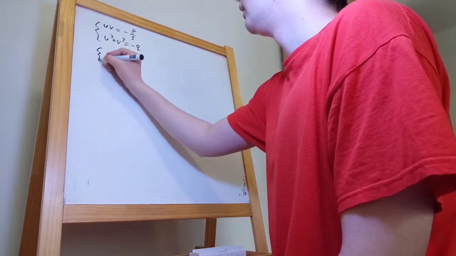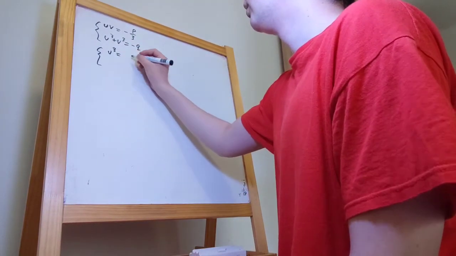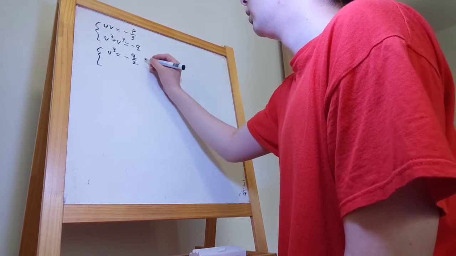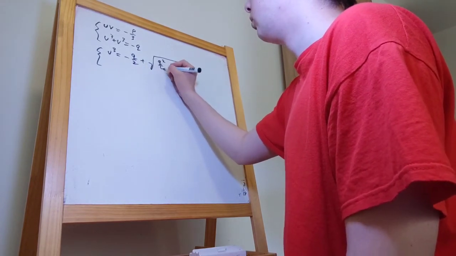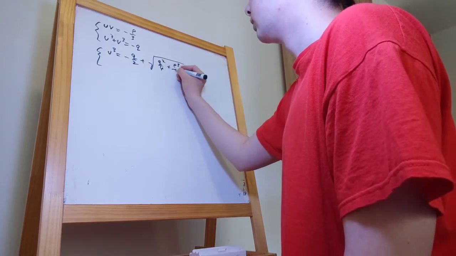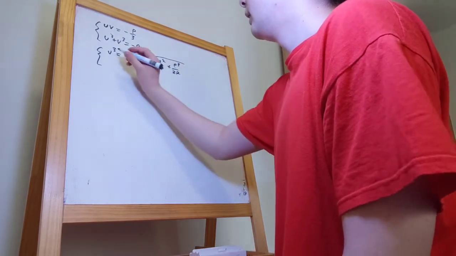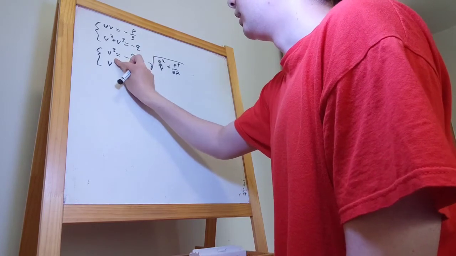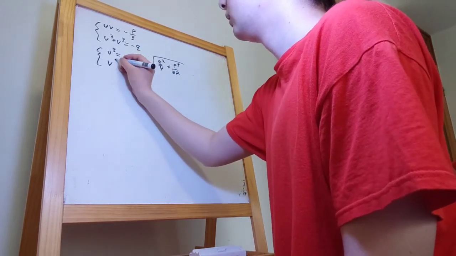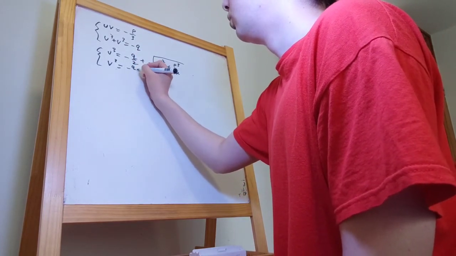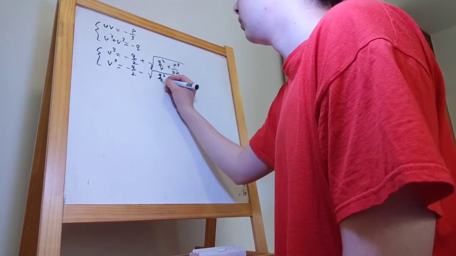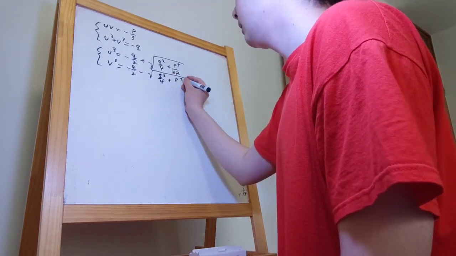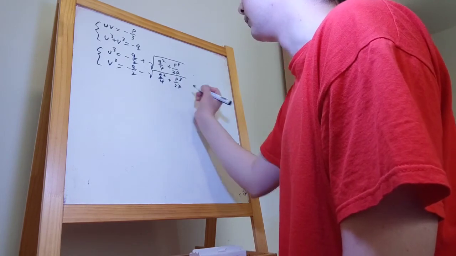And then we had u cubed is equal to minus q over 2 plus the square root of q squared over 4 plus p cubed over 27, and v cubed is equal to minus q over 2 minus the square root of q squared over 4 plus p cubed over 27.